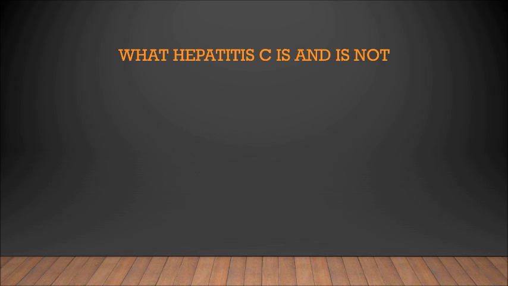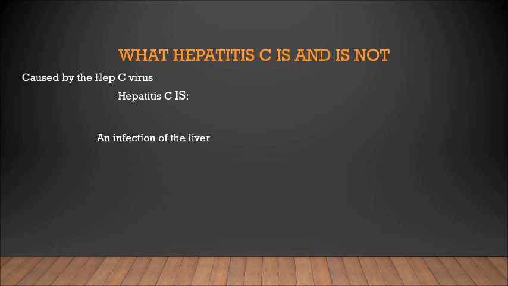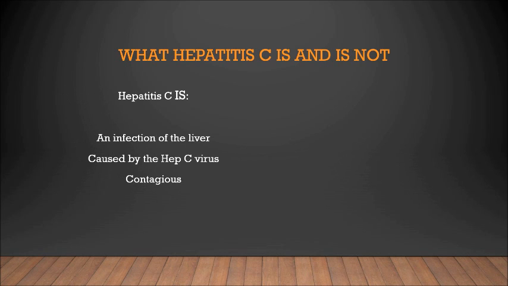So let's begin. First off, what is hepatitis C? Well, hepatitis C is a virus that affects the liver, and it is caused by the hepatitis C virus. Hepatitis C is highly contagious, and it is treatable.